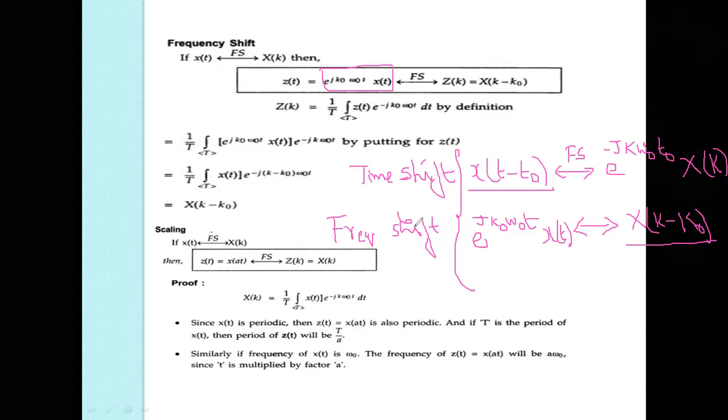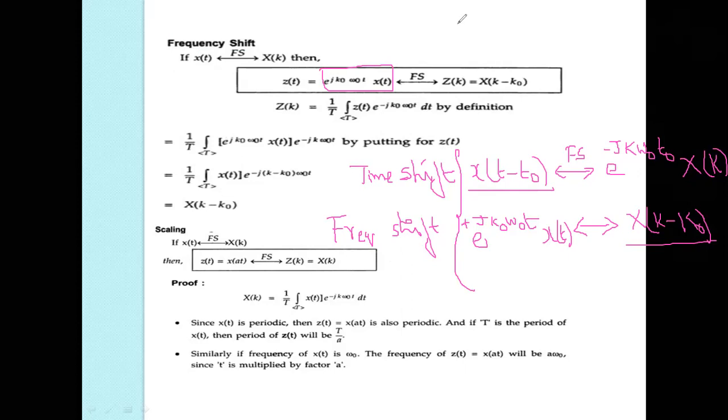But in the frequency shift, with the shifting of frequency by k naught samples, the time signal is multiplied with the positive exponential e power plus j k naught omega naught t x of t. Okay, my dear students, now you can understand.